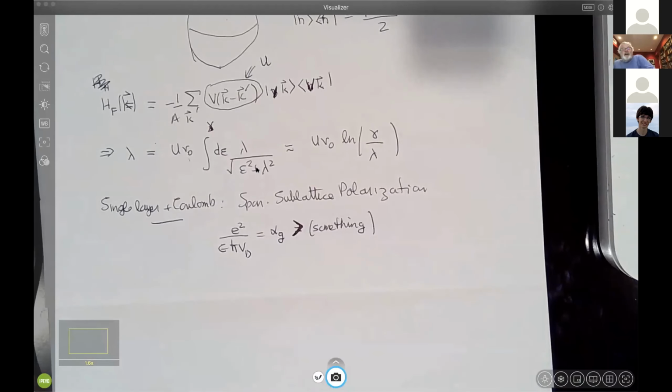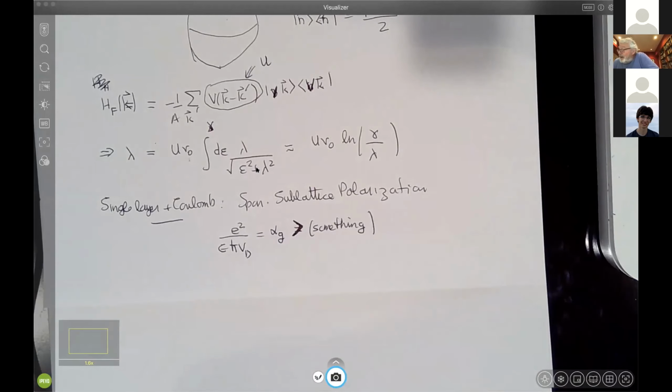In a mean field estimate it has to be bigger than maybe 1.5 or something like that.